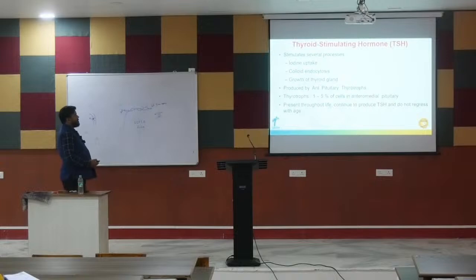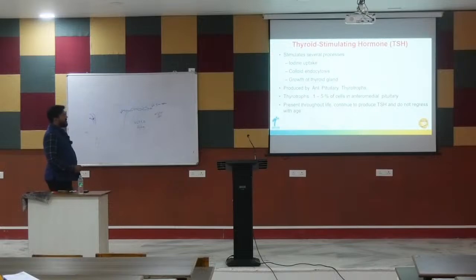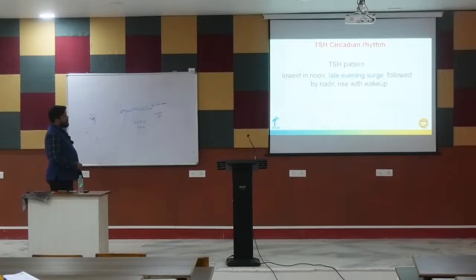TSH stimulates several processes like iodine uptake, colloid endocytosis, and growth of the thyroid gland, and is produced by thyrotrophs. Thyrotrophs are 1 to 5% of cells in the anteromedial pituitary, present throughout life, continue to produce TSH and do not regress with age.